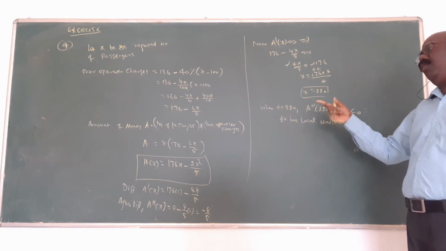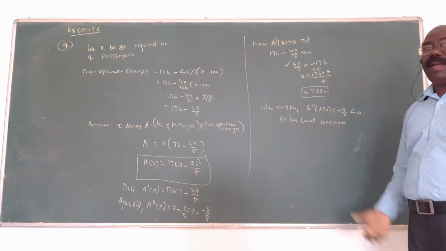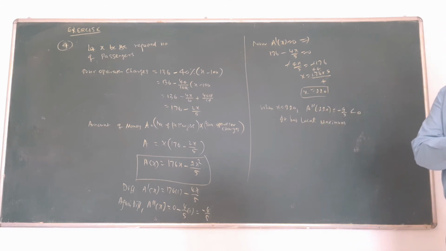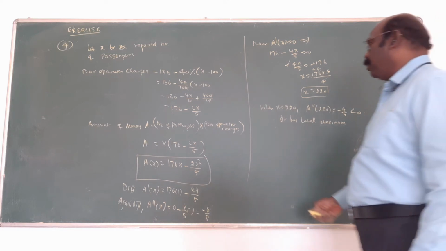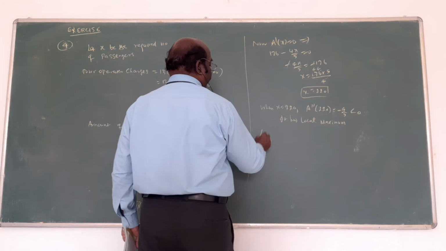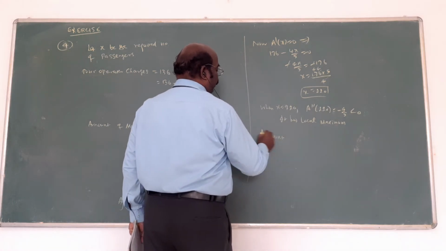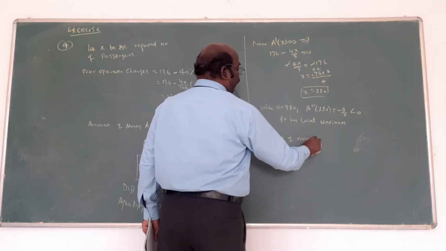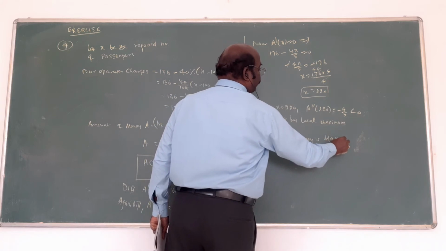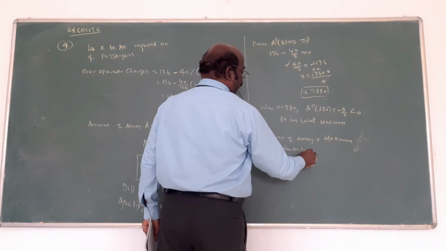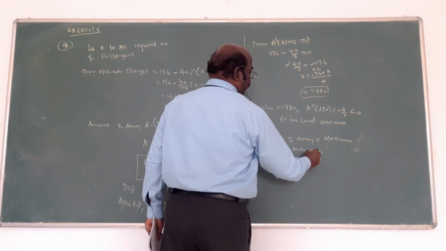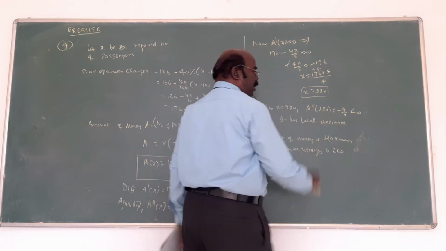Therefore the amount of money is maximum when the number of passengers is 220. That is the answer.